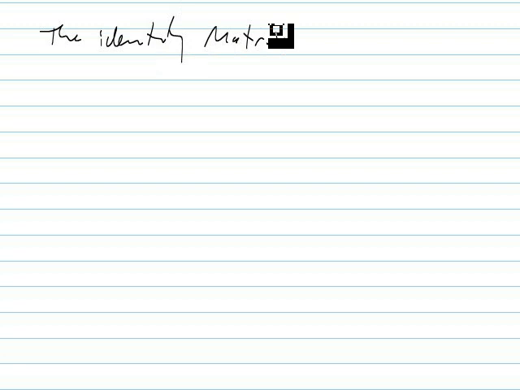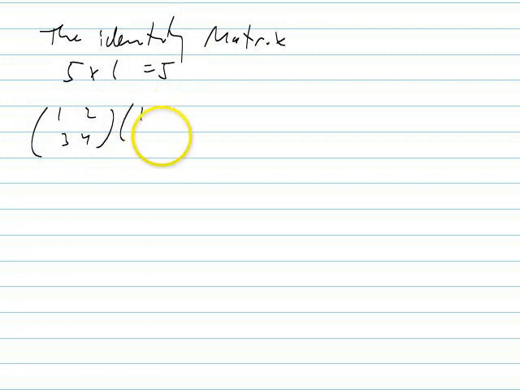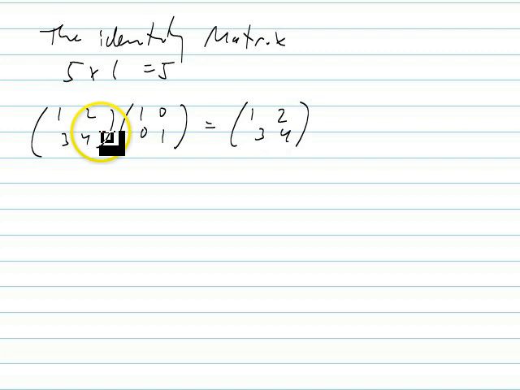And it's kind of like the number 1 in math. 5 times 1 equals 5. In matrices, a matrix that has 1s across the diagonal and zeros everywhere else, when multiplied by another matrix, will give you back the same matrix, as long as you can multiply them together, which in this case we can.